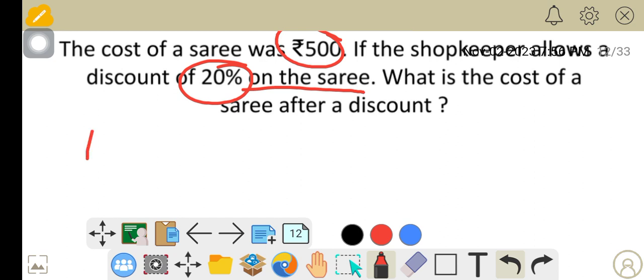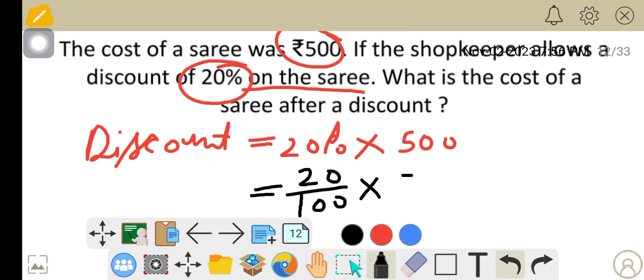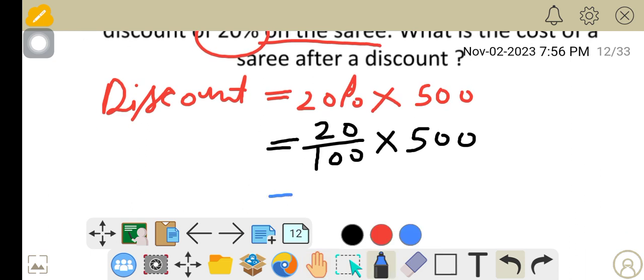And the discount is 20% of cost value, which is 500, and 20% can be written as 20 upon 100 multiply with 500. So it can be calculated by cancelling both 0. 5 twos are 10, so 100 rupees is discount.